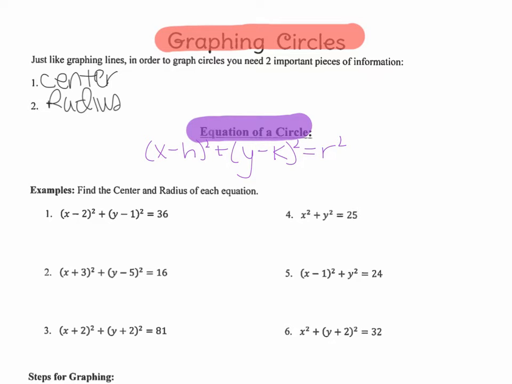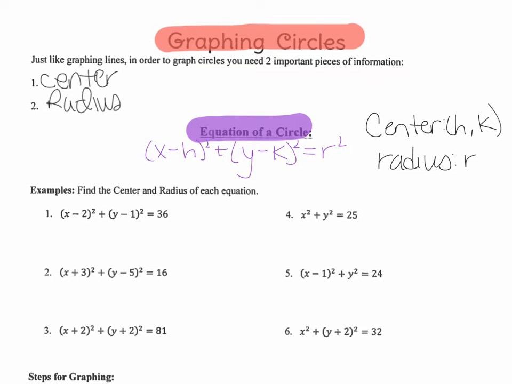So in this equation, that's the equation of a circle. You technically don't have to have this equation memorized. I will always give it to you. But you do need to know that the center is (h, k), and my radius is r.